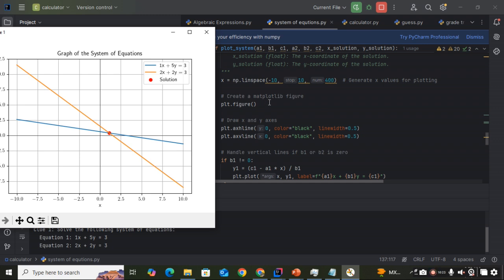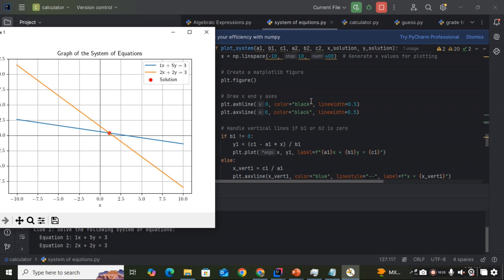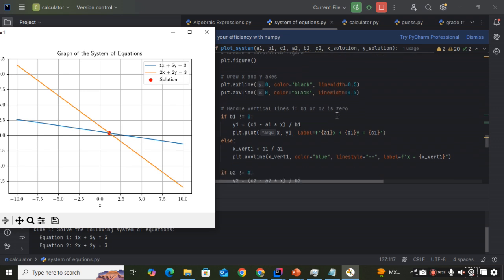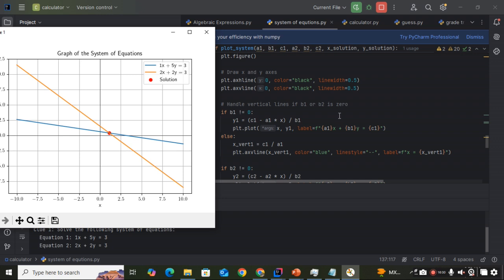We have the plots here, and we have the corresponding label. For equation 1, we have a1x plus b1y and c1, so we have it here. Line here, that's the blue line.